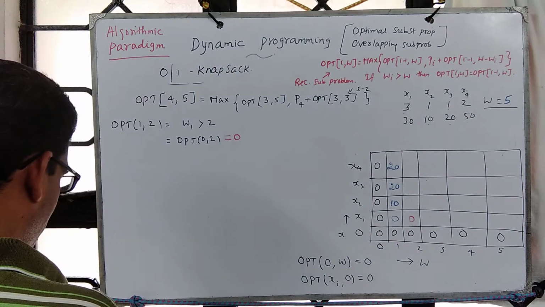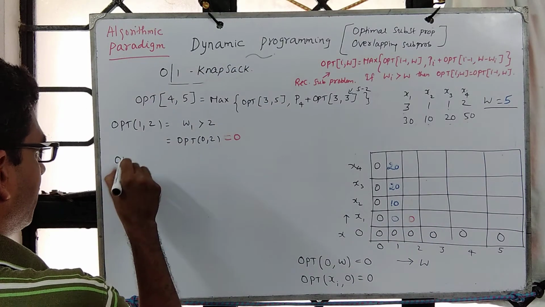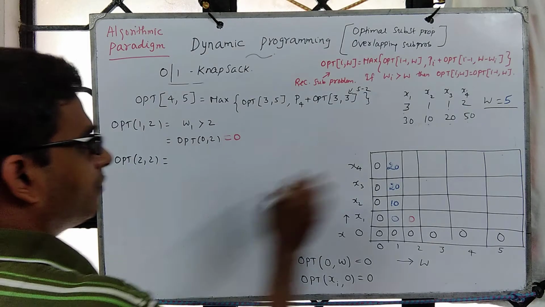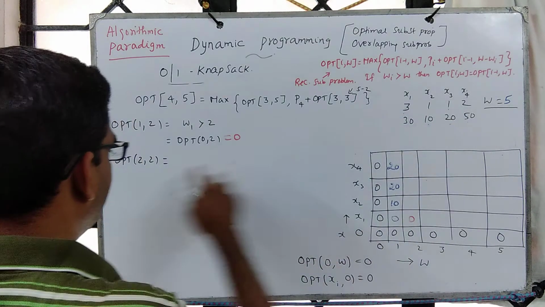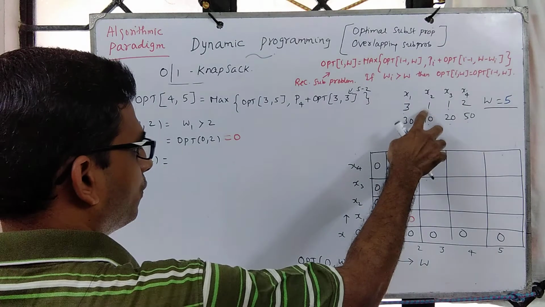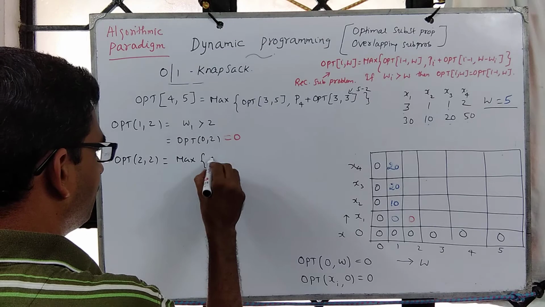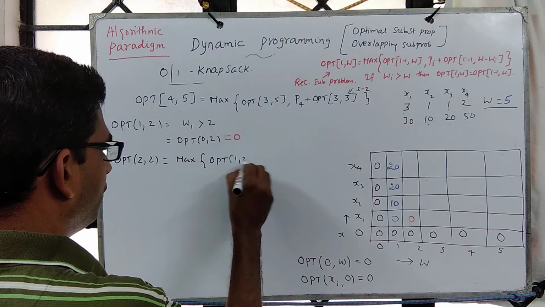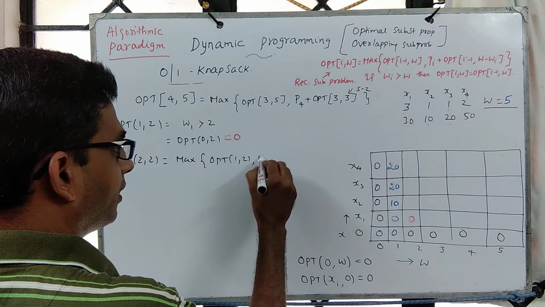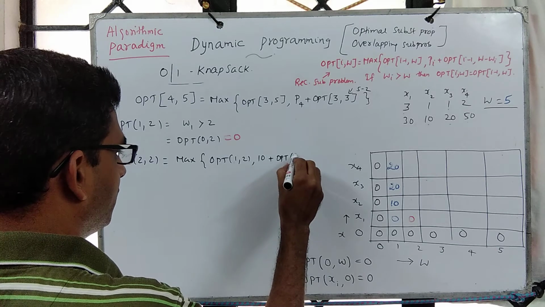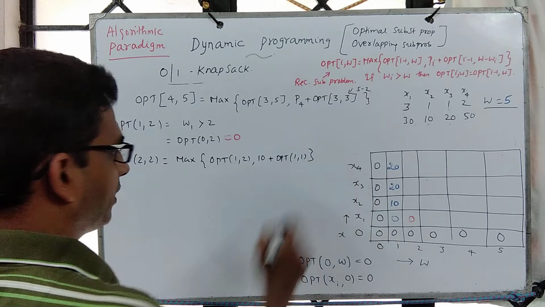Fine. So next look at opt of 2 comma 2. First two objects and local capacity being this, we can include x2. So we see that this one is max of opt of exclude this or include second object, get a profit of 10, and work with the subproblem 1 comma 1.